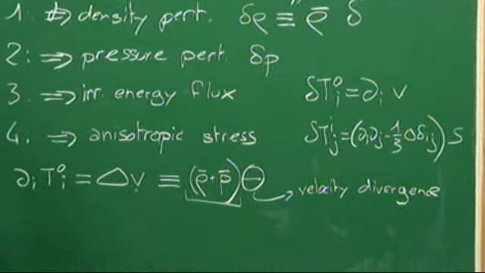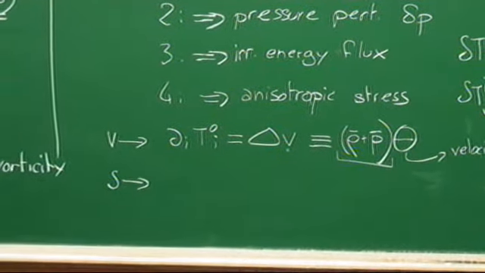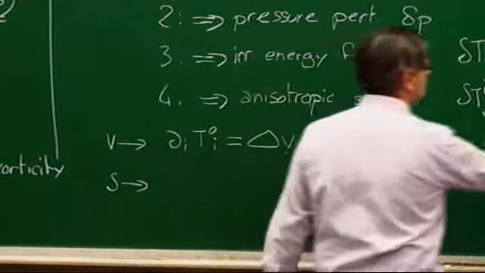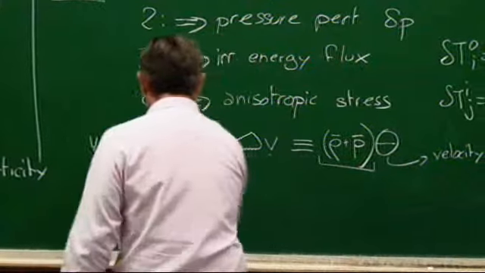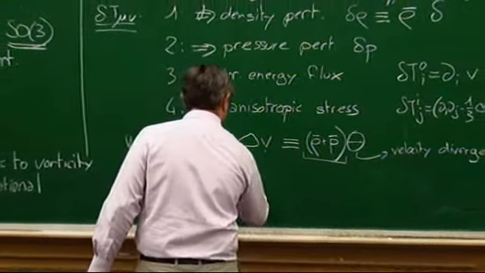Now, instead of using S, we will also use a different variable. The idea is the same. Take this operator and make it act on delta Tij.